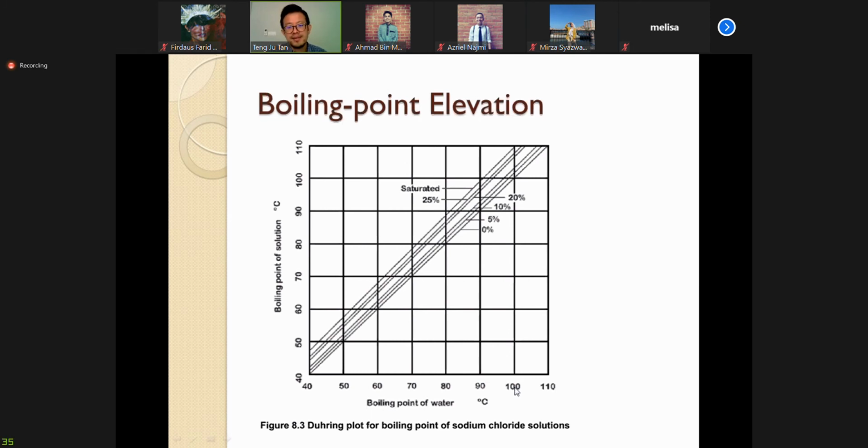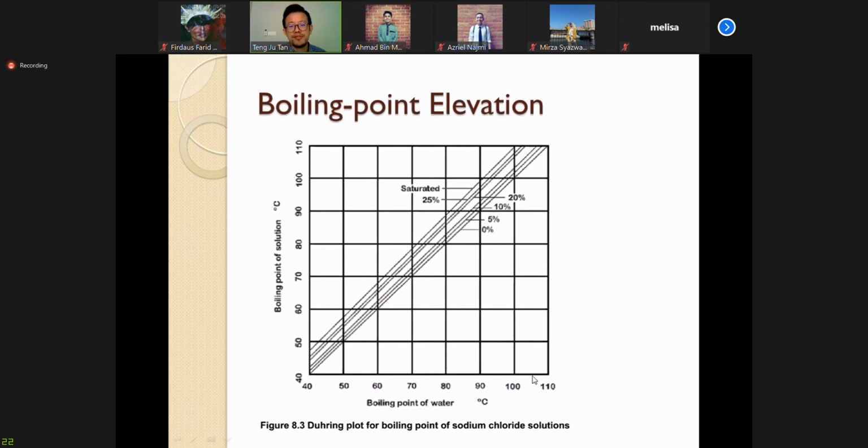Remember, at 101 kilopascal, water boils at 100. Let's say water boils at 70 at, let's say, 63 kilopascal. The boiling point of water will be lower at lower pressure.